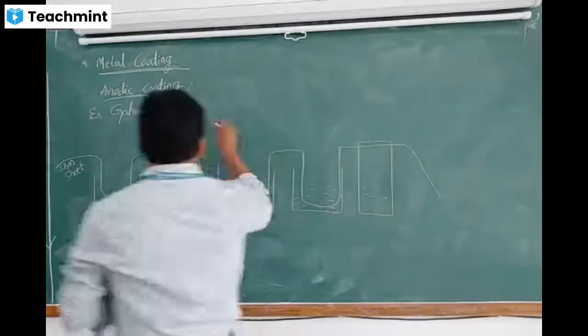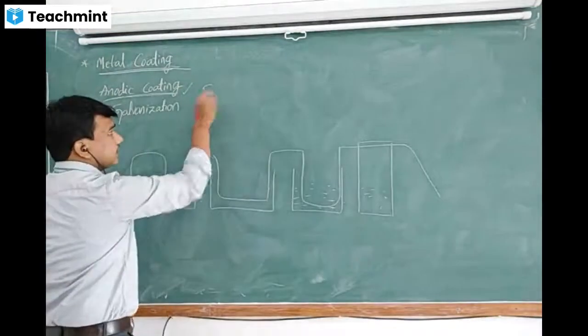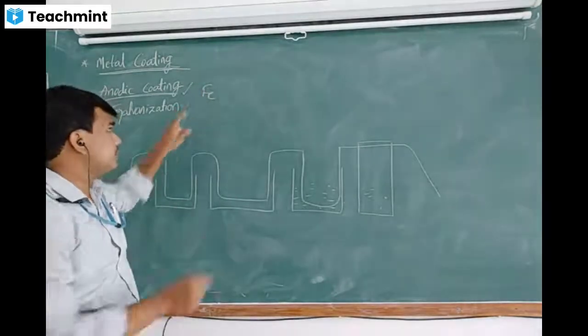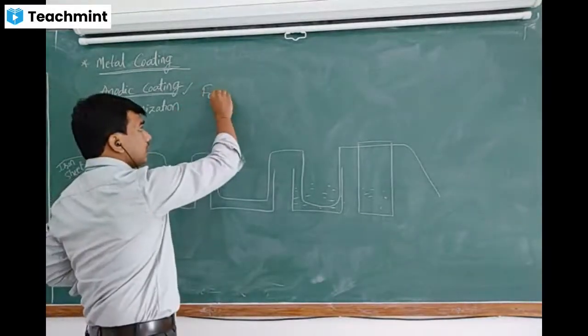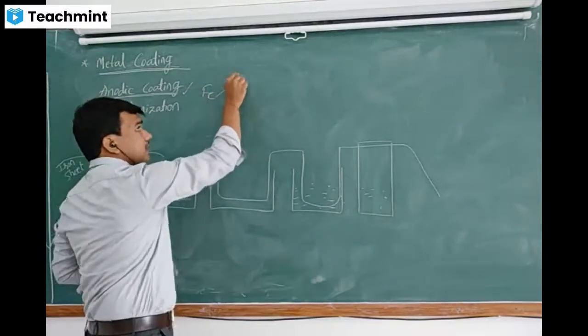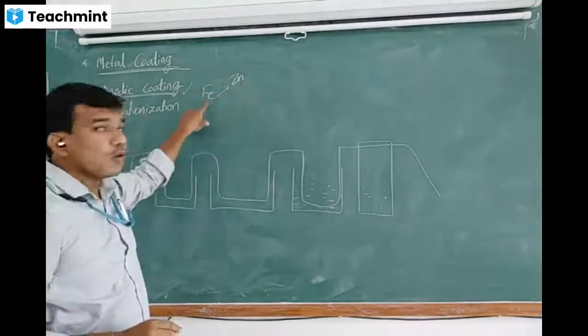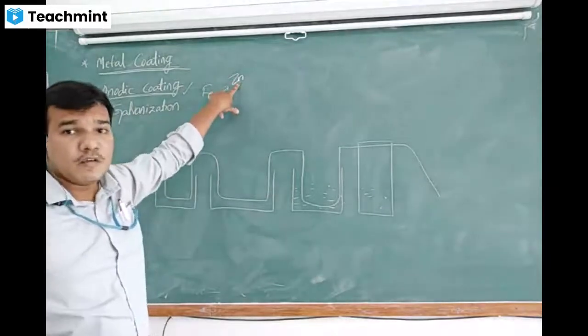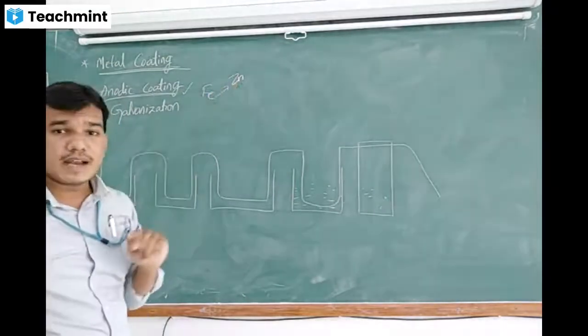Say for example iron and zinc. I want to protect the iron metal, so I want to coat zinc on iron. Between iron and zinc, which one acts as anode and which as cathode?